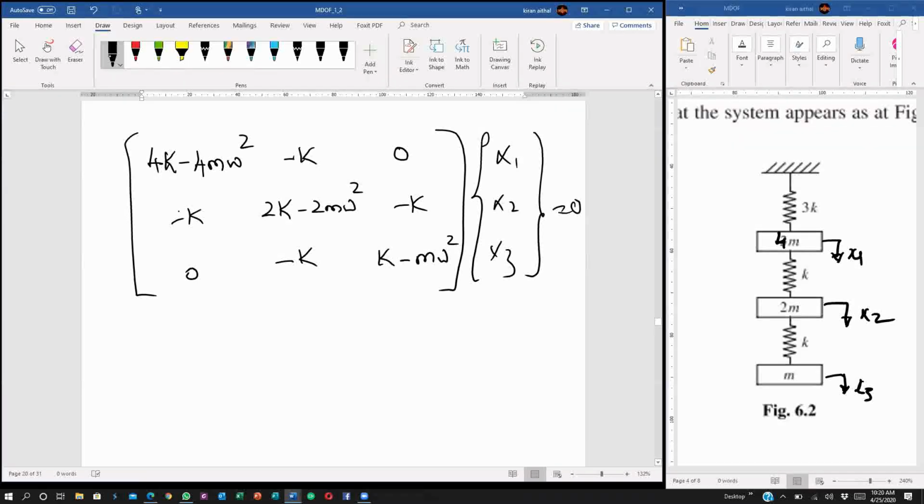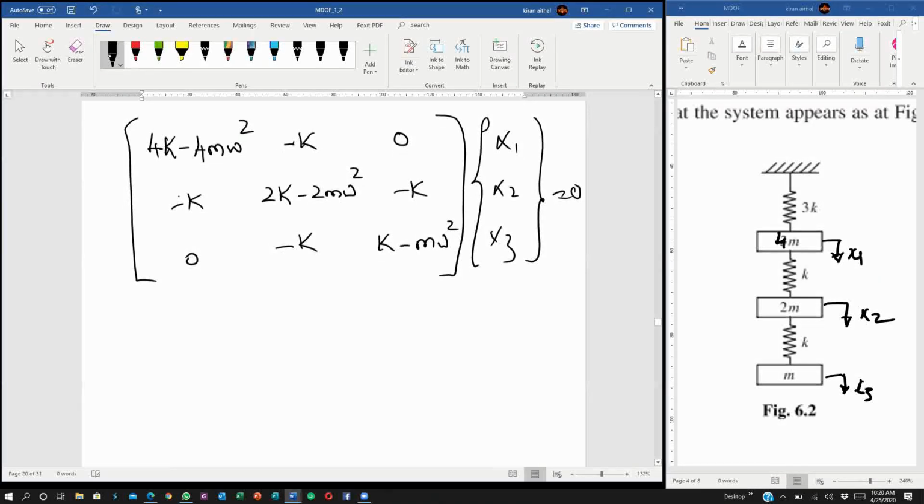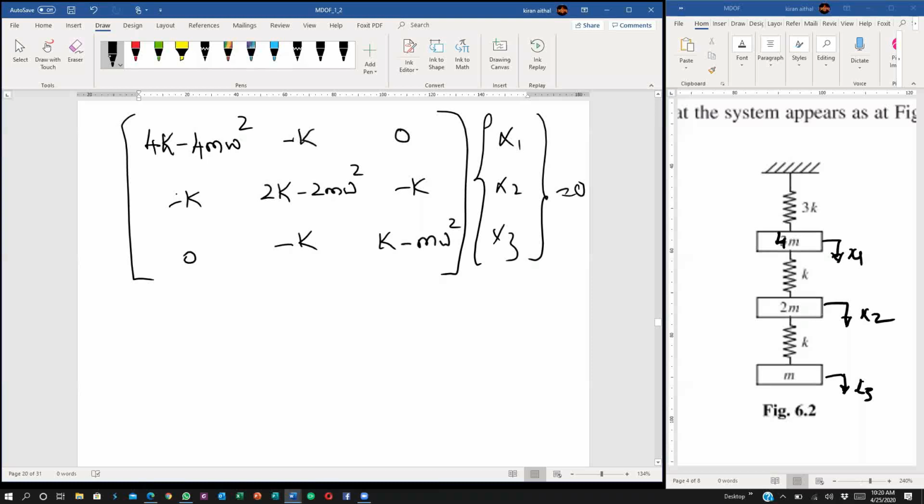Now what I am going to do. For the given data, for this characteristic equation, I have to expand the determinant. So what is it that I have to do now? I have to get the determinant.